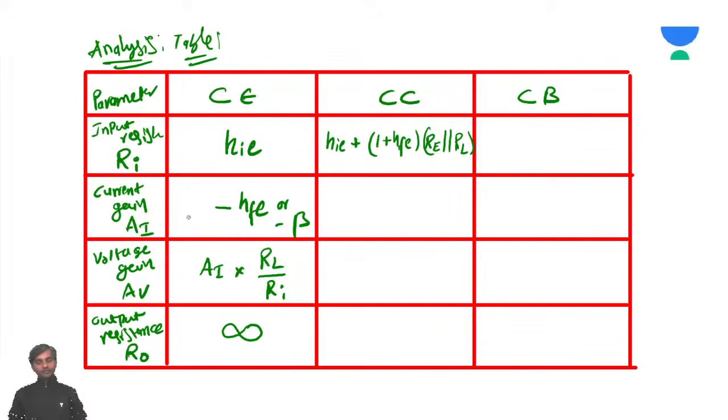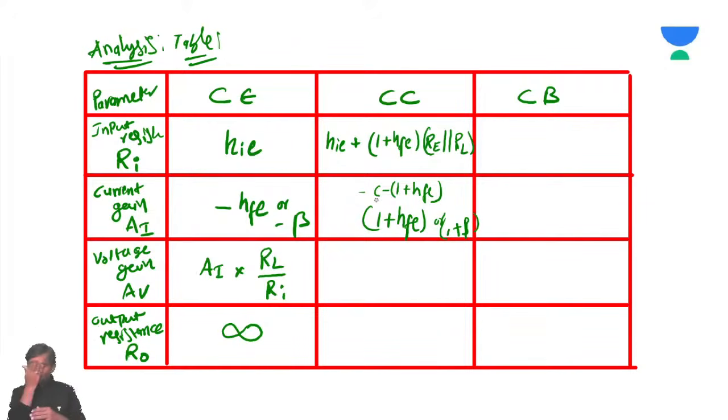Then what is current gain? Current gain is minus HFE, so minus of minus 1 plus HFE. It's going to be simply 1 plus HFE. I can also call it 1 plus beta.